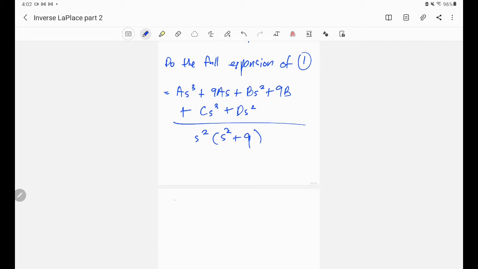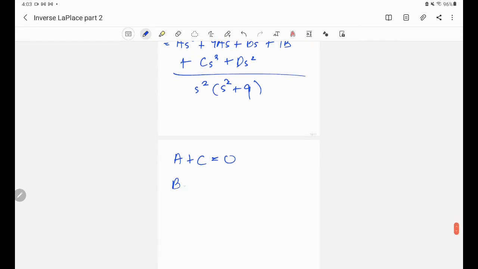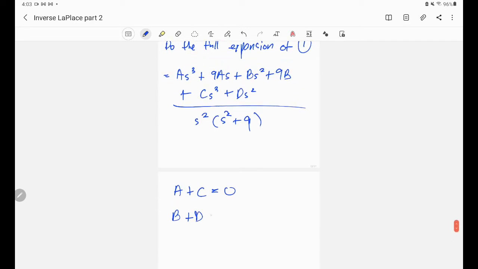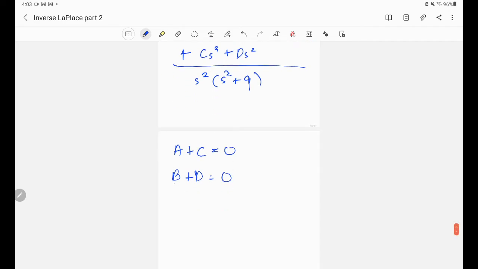So we can see here that for the s cubed, a plus c must be equal to 0 because there's no s cubed on the other side of the equation. And for the s squared we have b plus d equals to 0 because there's no s squared also. And from here we know what b is, so we know directly that d is minus b, negative 1 over 9. So now we have two values.